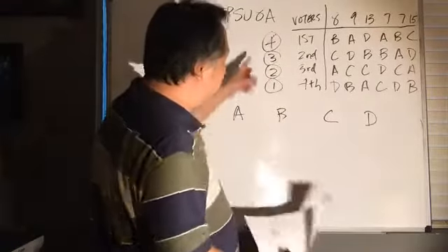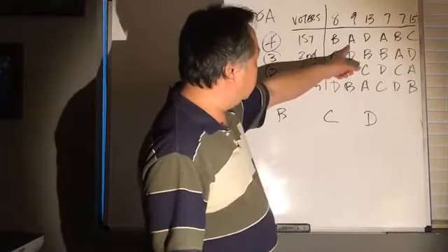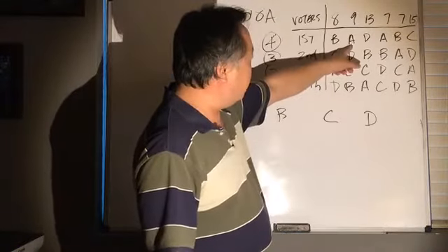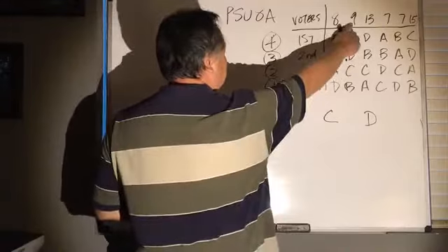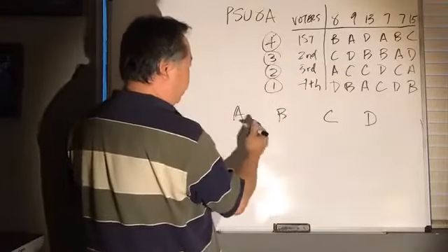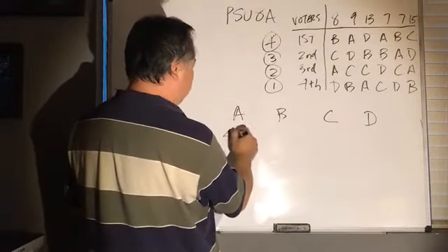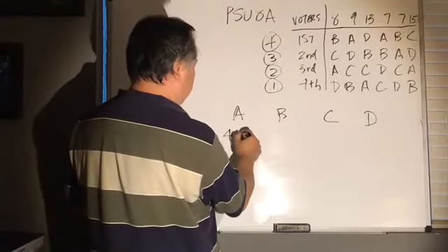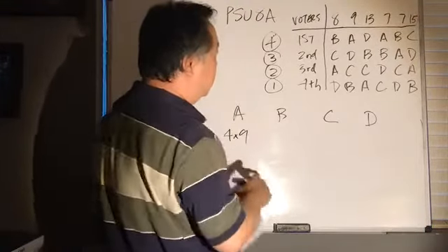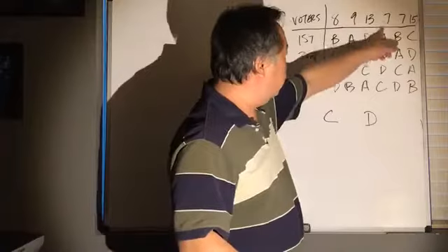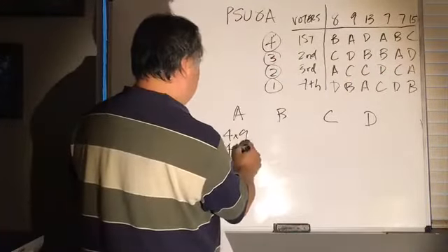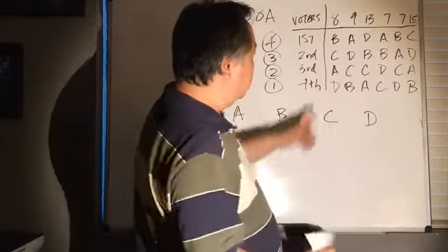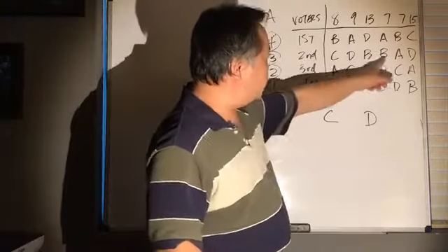All right. So for A, that's 4 points times 9, right? Because A right here, you've got 9 votes. Each vote is worth 4 points. So 4 times 9. And you also have 4 times 7. Now here we got 3 points times 7.